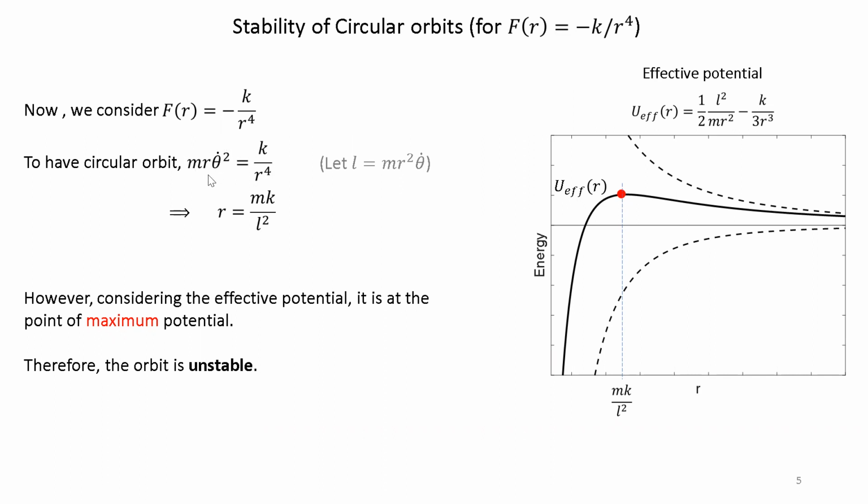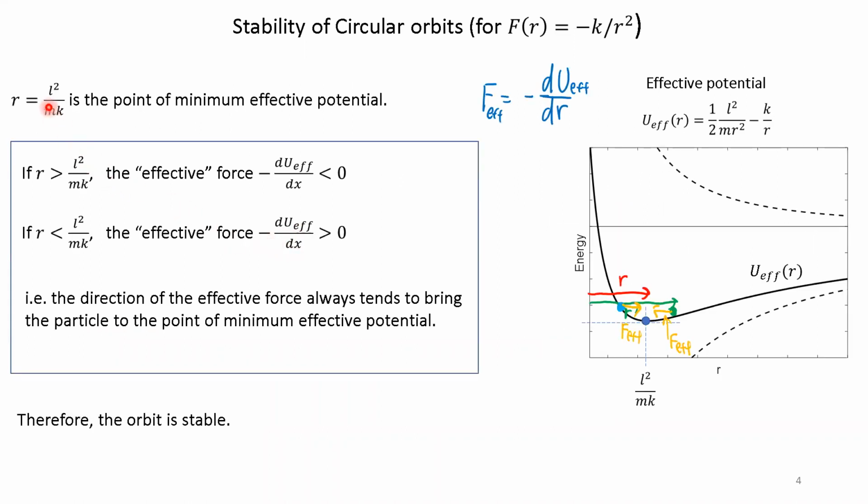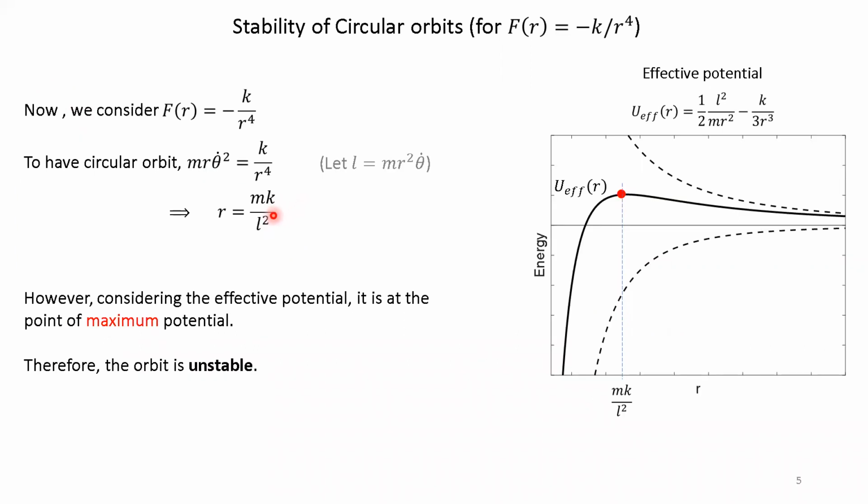And then you'll be able to conclude that this R has to equal mk divided by L squared. One thing to remind you here is that in the last case I had L squared divided by mk, and here I have mk divided by L squared. It's exactly the inverse.